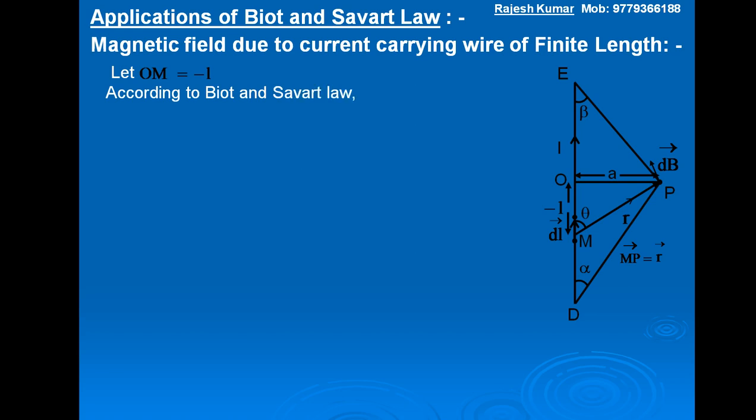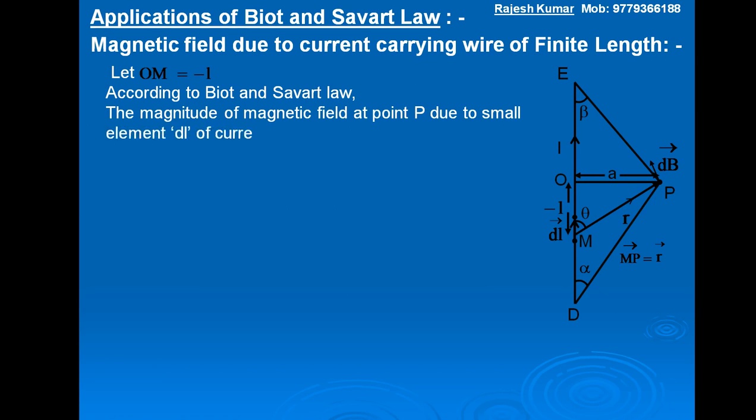According to Biot-Savart law, the magnitude of magnetic field at point P due to small element dl of the current carrying wire is given by dB equal to mu naught upon 4 pi into I dl sin theta upon r square, where mu naught is a constant called permeability of free space. Call this equation number 1.